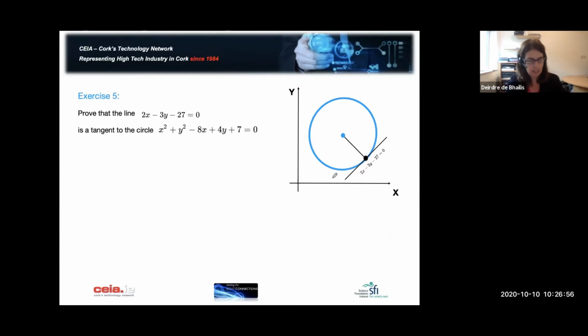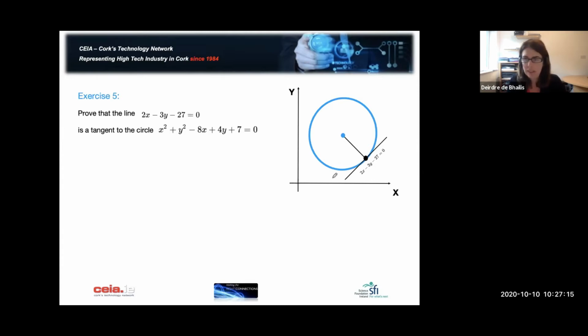We have a line which is 2x minus 3y minus 27 is equal to 0. And we want to prove that it's tangent to the circle x squared plus y squared minus 8x plus 4y plus 7 equals 0.